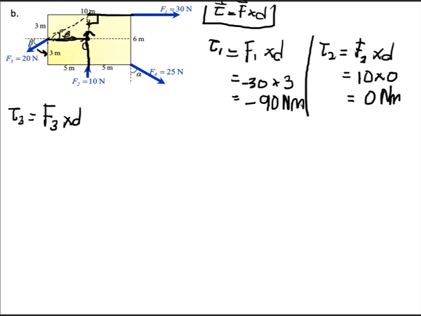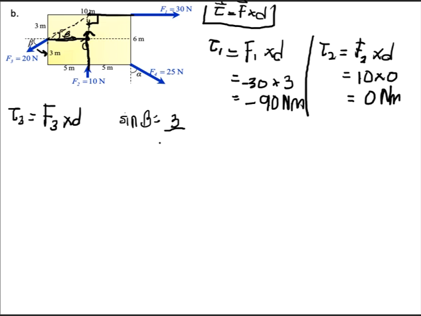So this is a right angle triangle. You have this line, which is 5 meter, and the height of the triangle is 3 meter. We can choose trigonometry, which is sine beta. Sine equals opposite over hypotenuse. The opposite of beta is 3 meter over the hypotenuse of the right angle triangle.